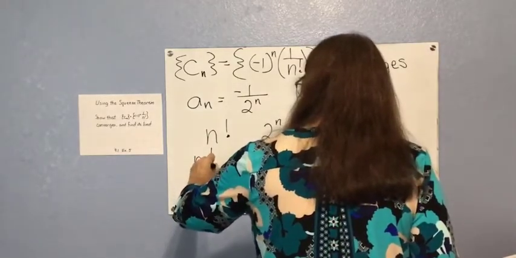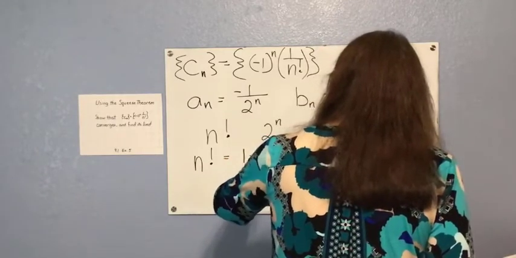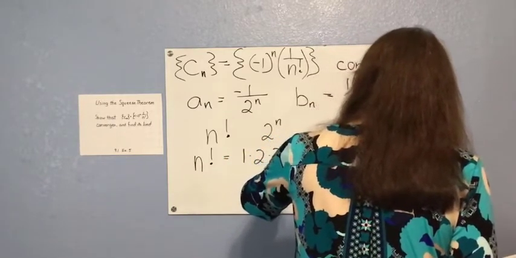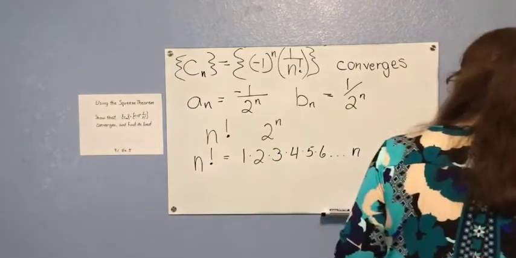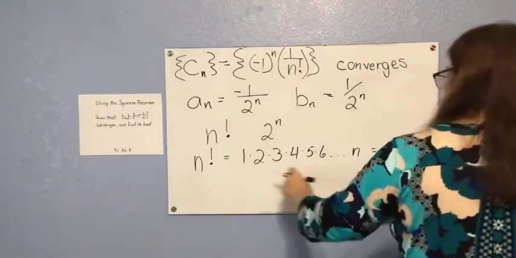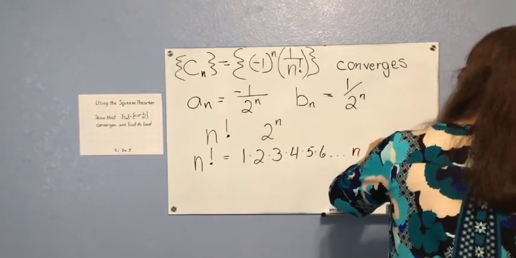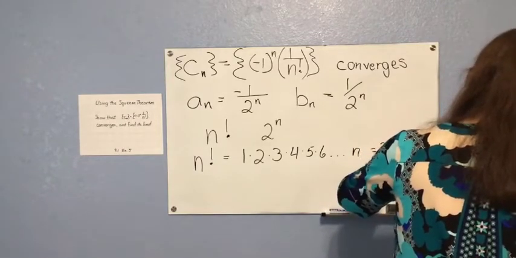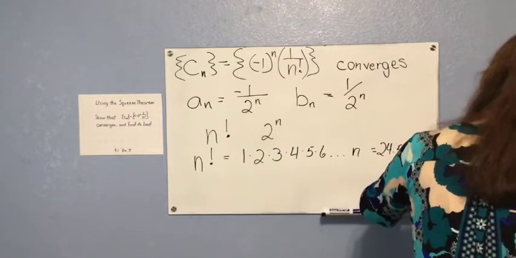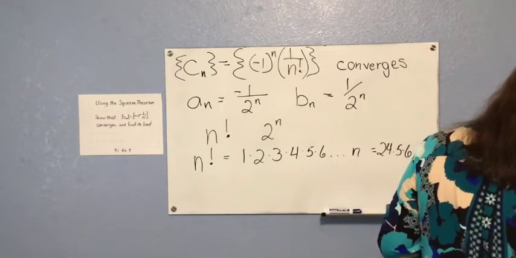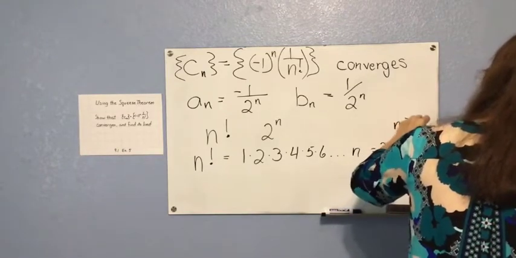N factorial is equal to 1 times 2 times 3 times 4 times 5 times 6 all the way up to n, which, if I took those first four terms, 1 times 2 times 3 times 4 is 24, times 5 times 6 up to n, where n is greater than or equal to 4.